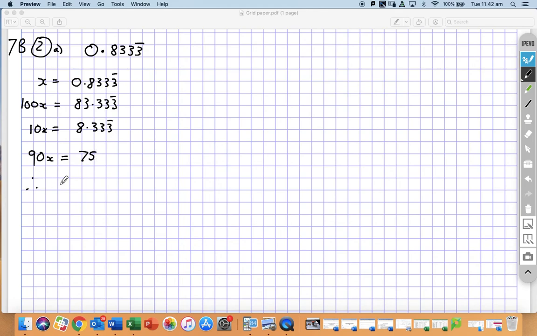Therefore x equals 75 on 90. These will divide by 3, but let's aim a bit higher. Let's divide them by 15. So 75 divided by 15 is 5. 90 divided by 15 is 6. And that's as far as you can go with that one.